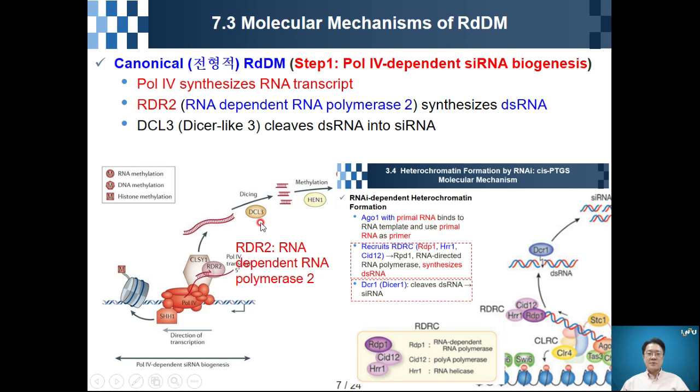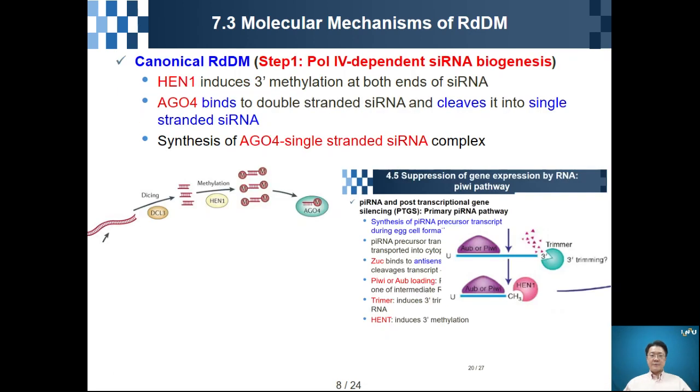After that, DCL3 cleaves the dsRNA into siRNA. Then HEN1 induces 3' methylation at both ends of the siRNA. Previously, in piRNA and PTGS, we learned that HEN1 induces 3' methylation. Here it is the same.